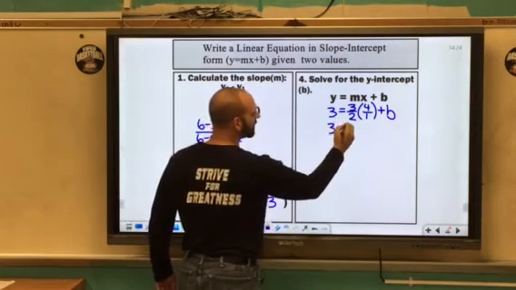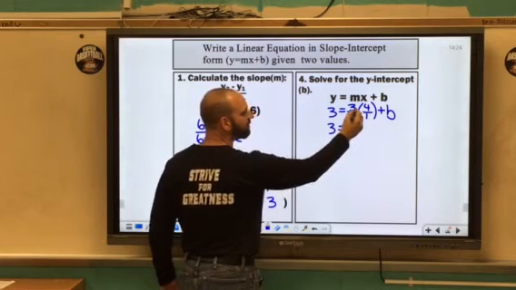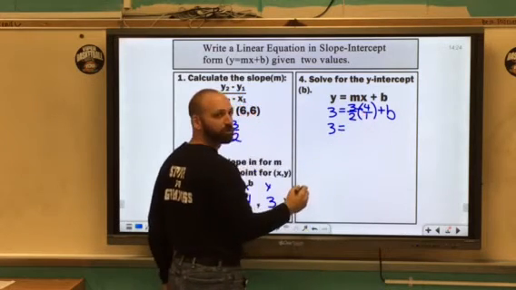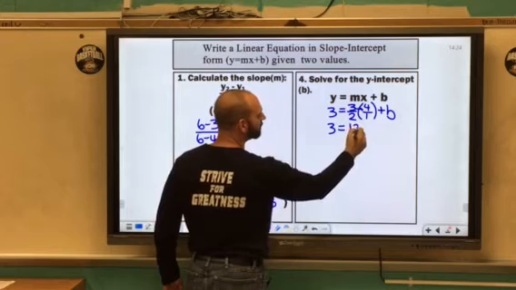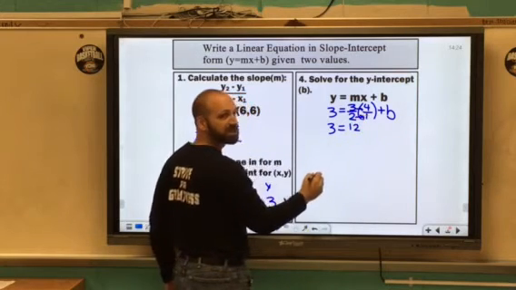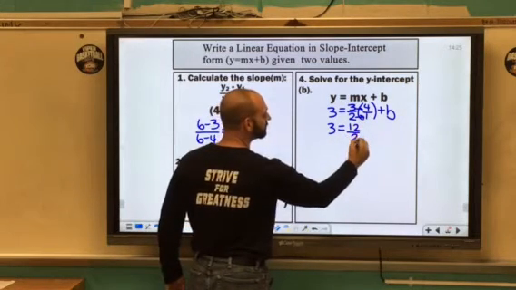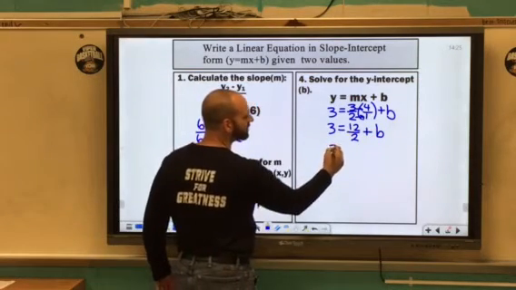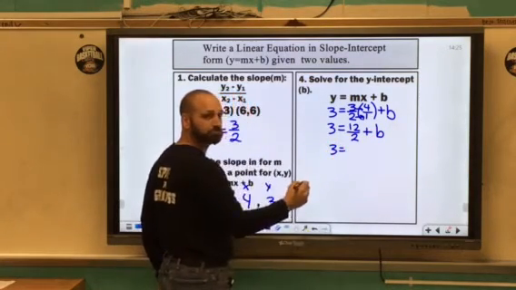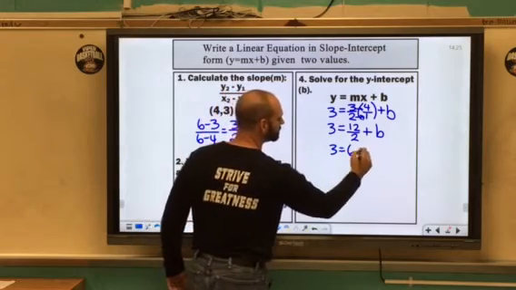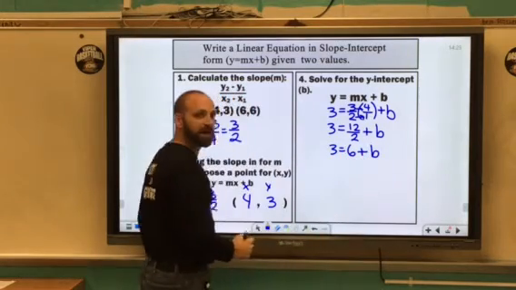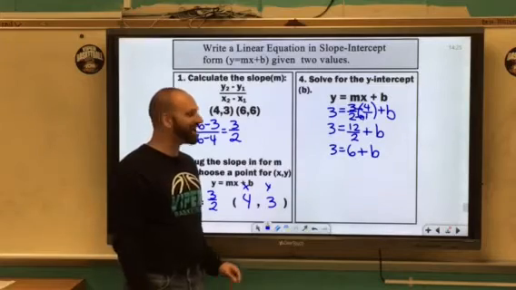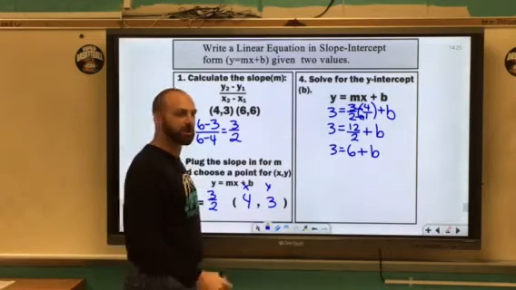So 3 is going to equal, and then I'm going to multiply my numerator times the numerator. So that gives me a 12. And the denominator times the denominator, which gives me 2. And then, of course, we want to simplify that. And what is 12 divided by 2? 6. Now we have a one-step equation to isolate the variable and to solve for b.